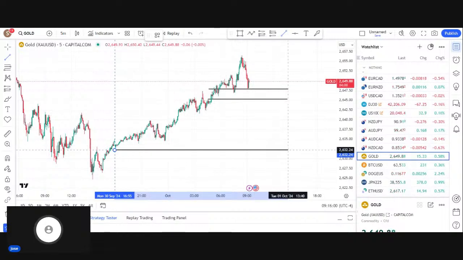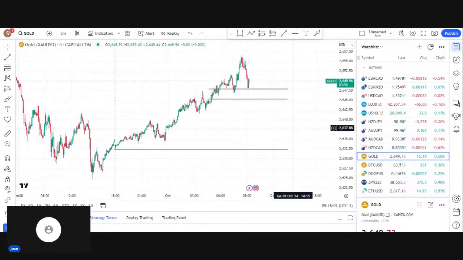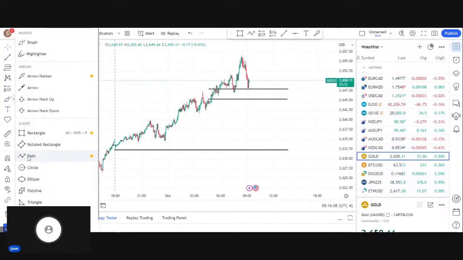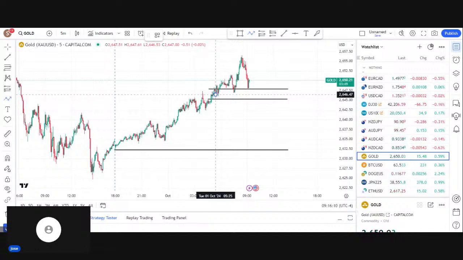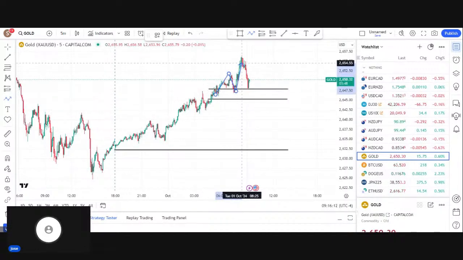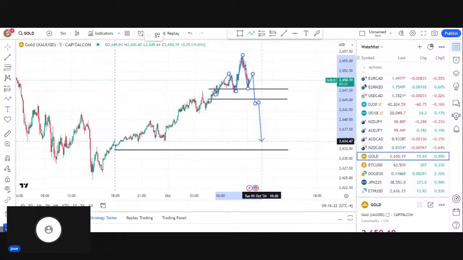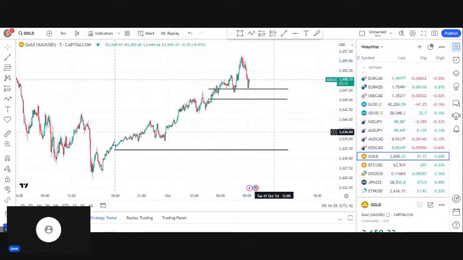That can give you a nice 1 to 2, 1 to 3 easy. Also, remember, everybody sees what they want to see, but this is the left shoulder, head, right shoulder forming for a potential move back to the downside.